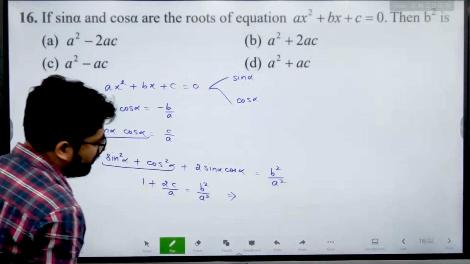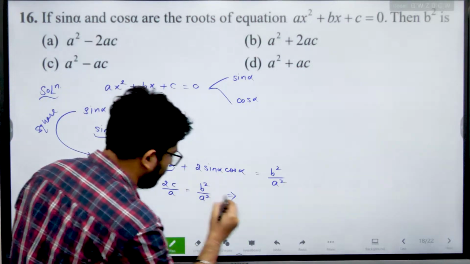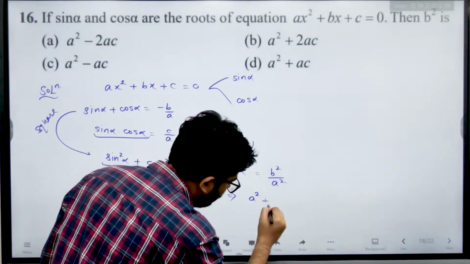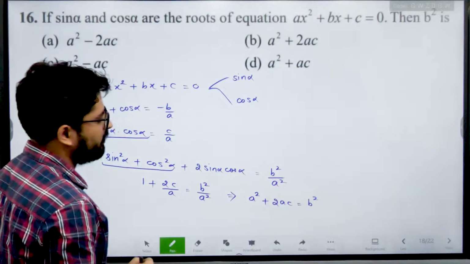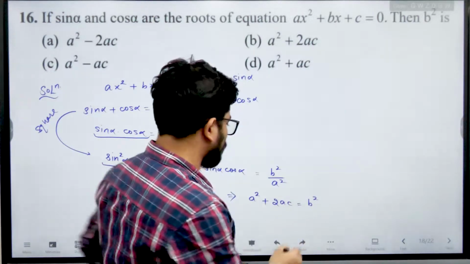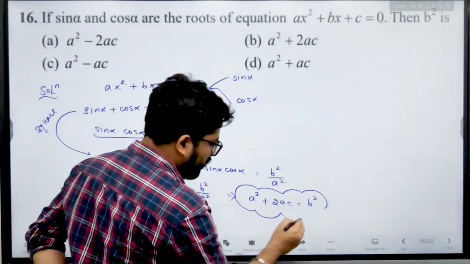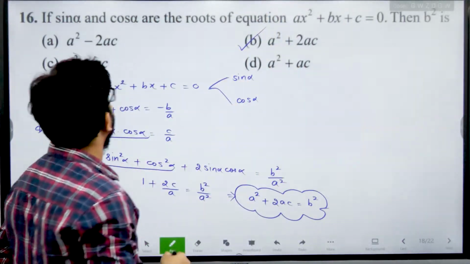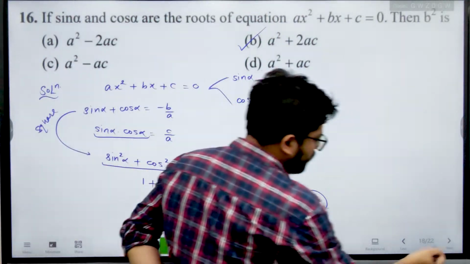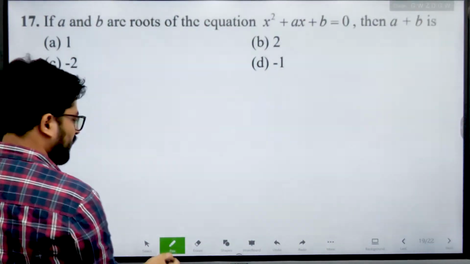Now multiply by a square on both sides, you will get a square plus 2ac equal to b square. You want the value of b square, so it is a square plus 2ac. Option B is the correct one. Now the next question is question number 17.